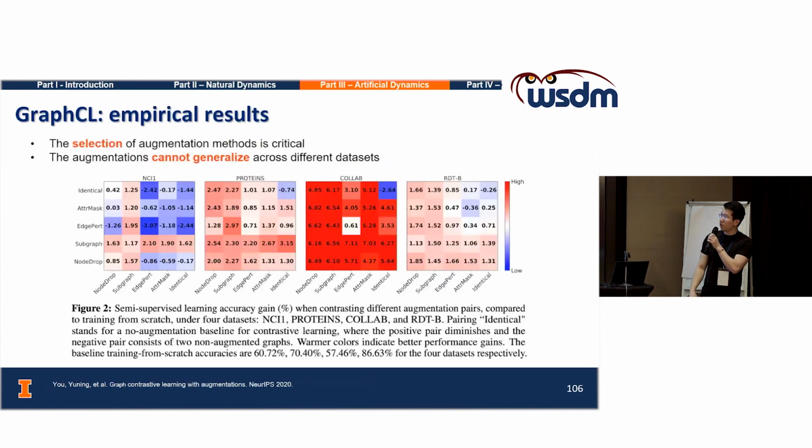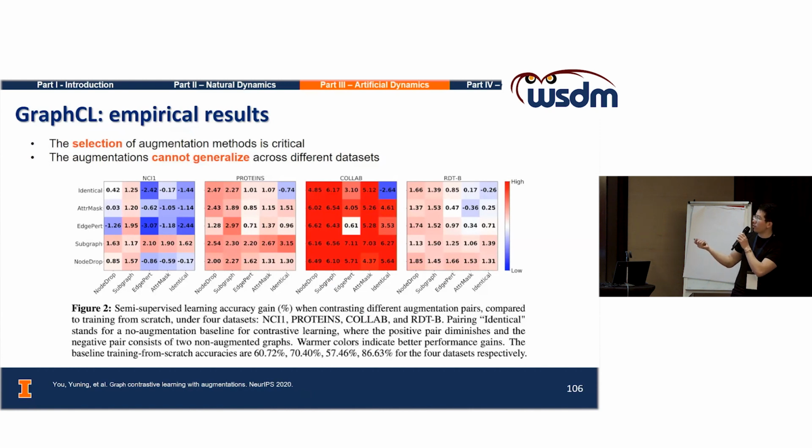Okay, so we introduced four augmentation techniques to generate two views for graph contrastive learning. And what about the performance? These authors give us such a matrix, where the x-axis and the y-axis are different combinations of the augmentations of those two views used in graph contrastive learning.